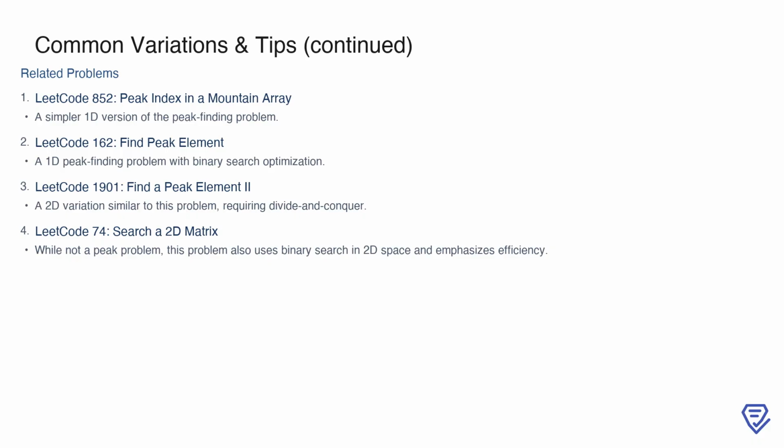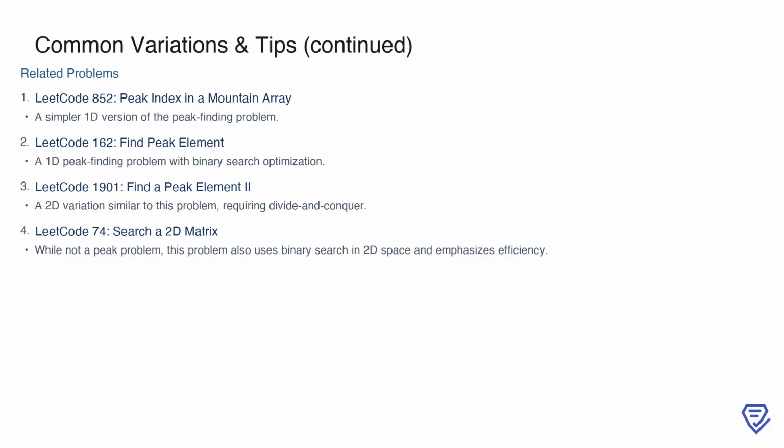For instance, LeetCode 852, peak index in a mountain array, is a simpler one-dimensional version of the problem. Similarly, LeetCode 162, find peak element, also focuses on 1D arrays but emphasizes binary search optimization. Of course, LeetCode 1901, the problem we're discussing, is the 2D variation that builds on these concepts with additional complexity, such as handling multiple dimensions.